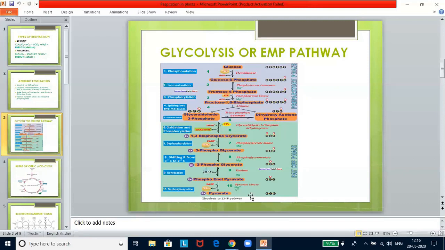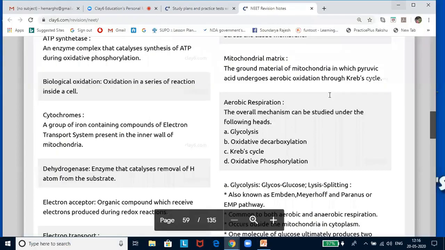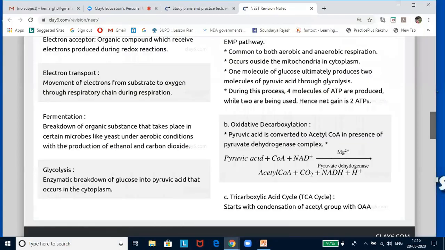Thus, in the triose phase, two molecules of 3-phosphoglyceraldehyde are converted into two molecules of pyruvic acid. This is very important, and you have to learn these steps by practice along with the enzymes.